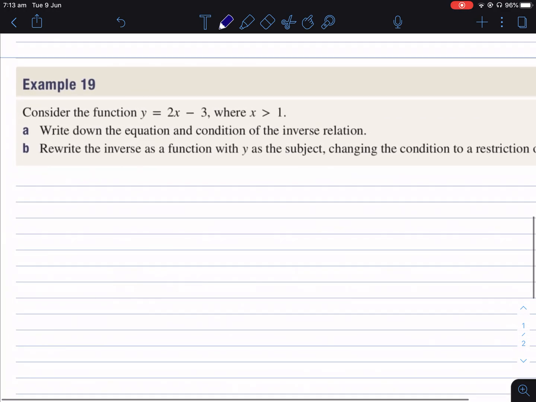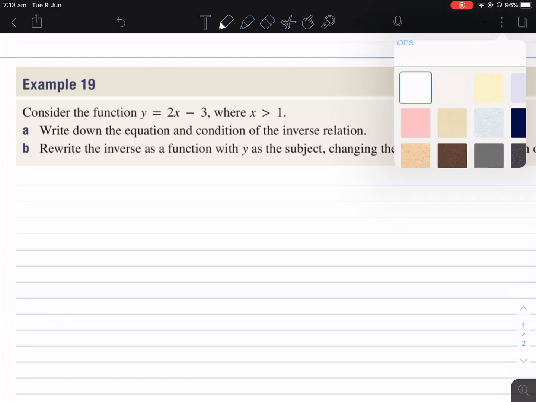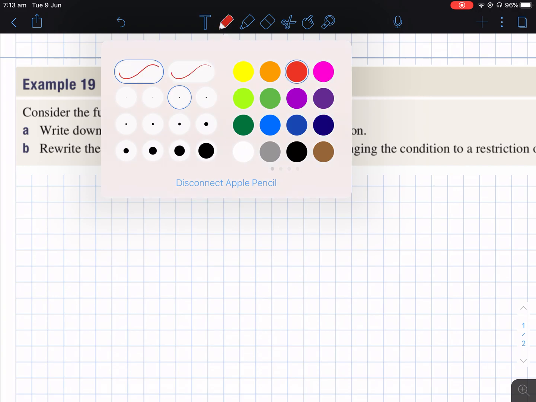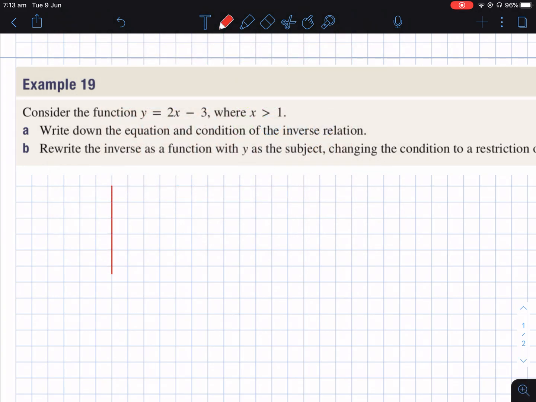All right, this one, example 19, we've just got a normal straight line. I'm going to start off by sketching this straight line. It has not asked you to sketch it, so you do not need to. But it's a straight line, 2x minus 3, so we go through -3, and for every 1 we go across, we go up 2, which means it's got a gradient of 2.